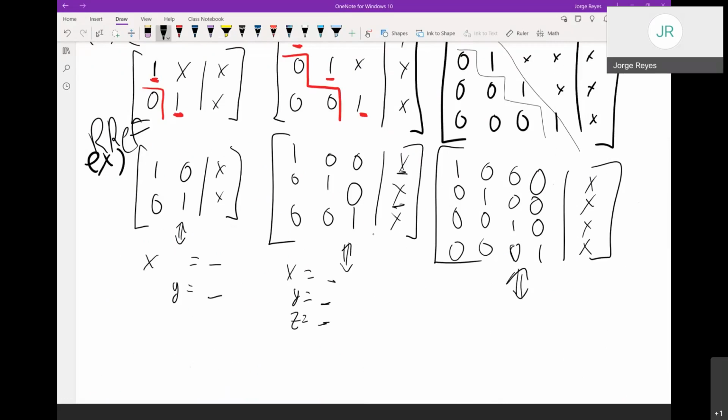So this is kind of like doing pure elimination from the last section. If you go all the way to reduced row echelon form, you will not have to do back substitution. You will just get the answer as soon as you translate back into a system. But now that we know that, let's do some more examples of solving systems.